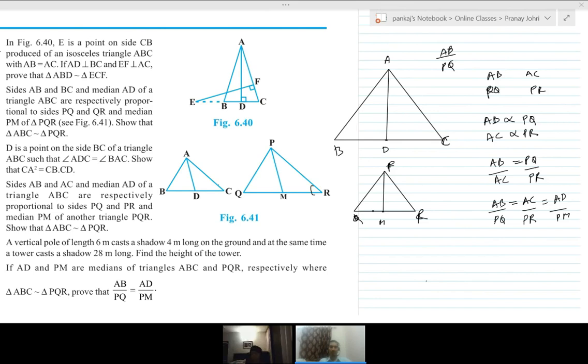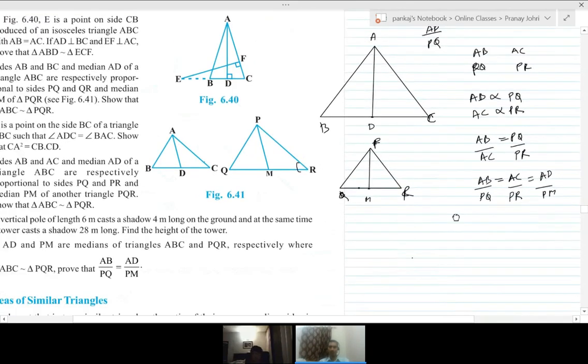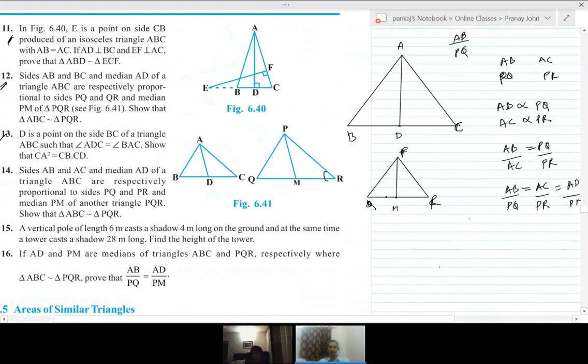So if this is the case, then we can write these two sides, corresponding two sides. One is this, and one is this. Another is this, second one, and third is this, which is half of QR, right? Half of QR.